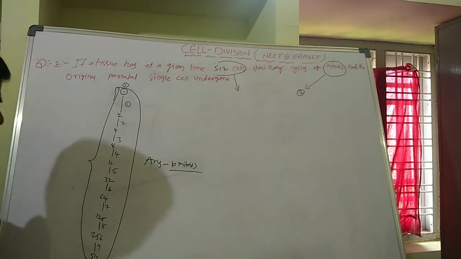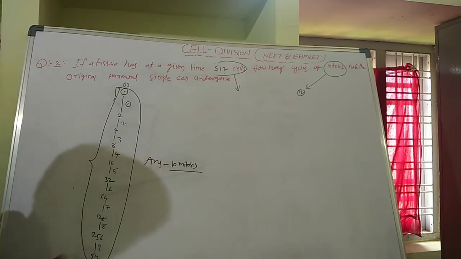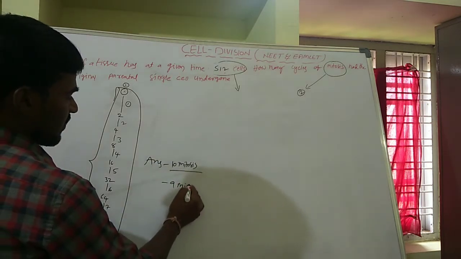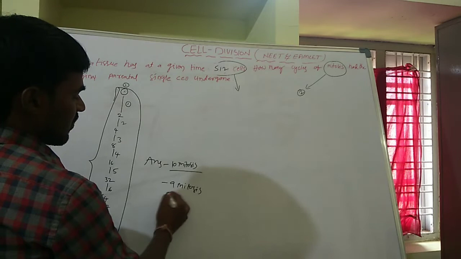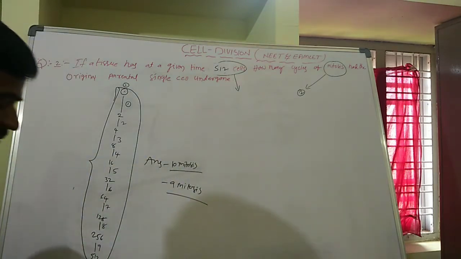This is the question. From 256 to 512. What is the answer? The answer is 9 mitosis divisions.